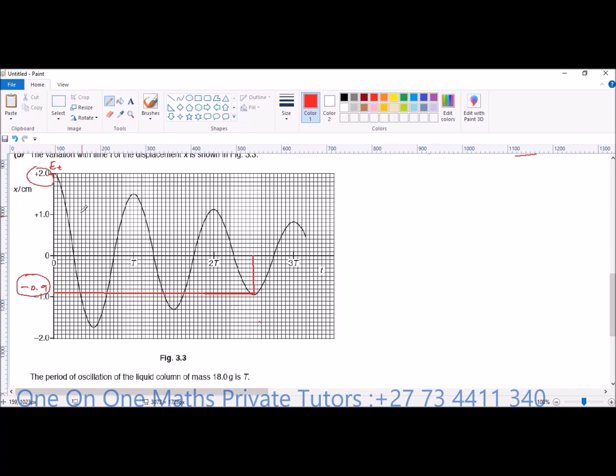So total energy of the system is determined by the amplitude, because we have E is equal to half m omega squared x naught, which is our amplitude, squared. All right, let's look at our values. Initial, which is E1.